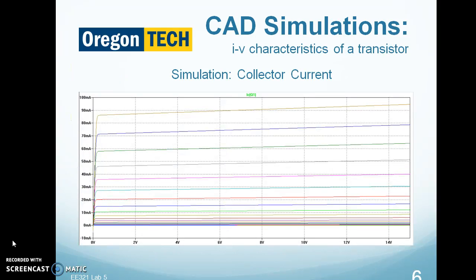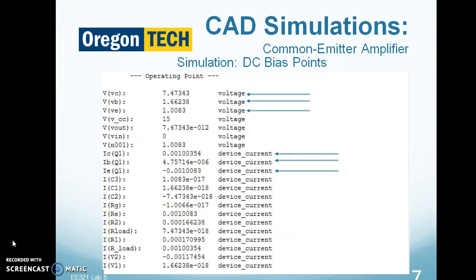Here is the graph of the collector current. This is a simulation. So moving into my CAD simulation of this portion of the lab. Here are my DC bias points that I used.